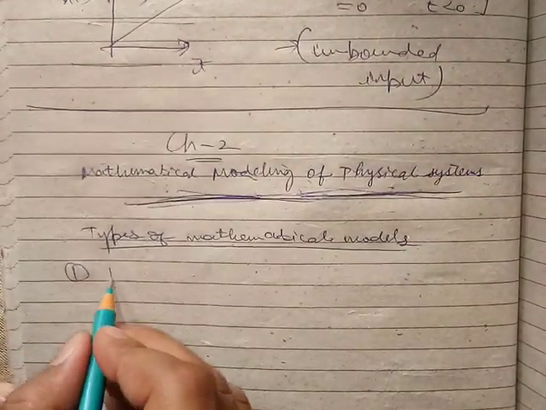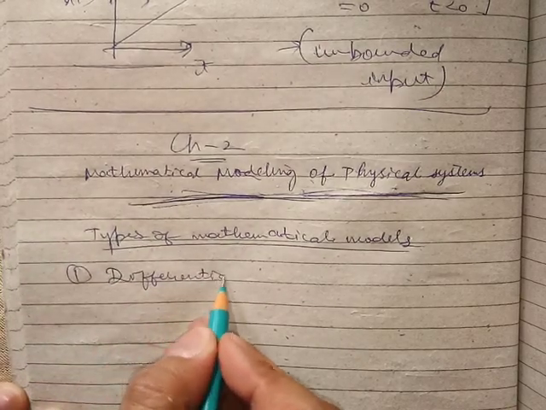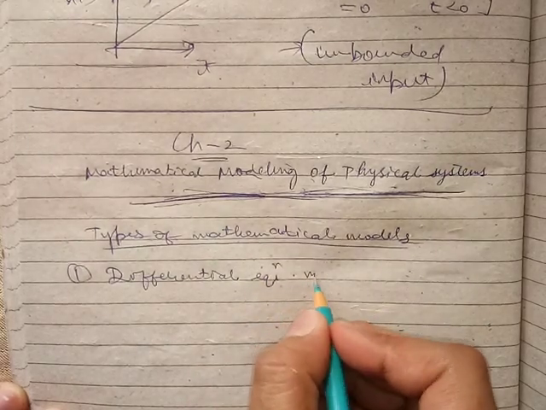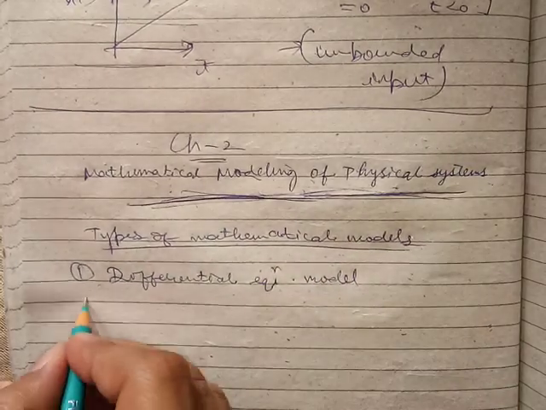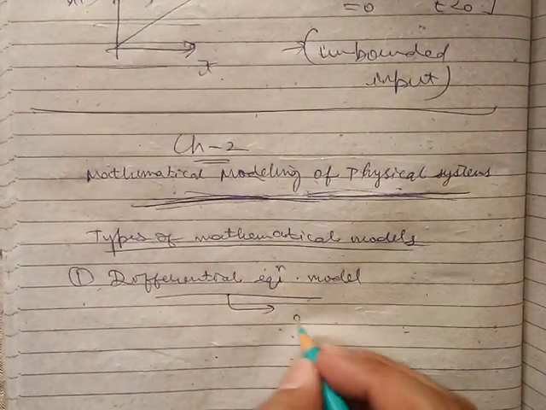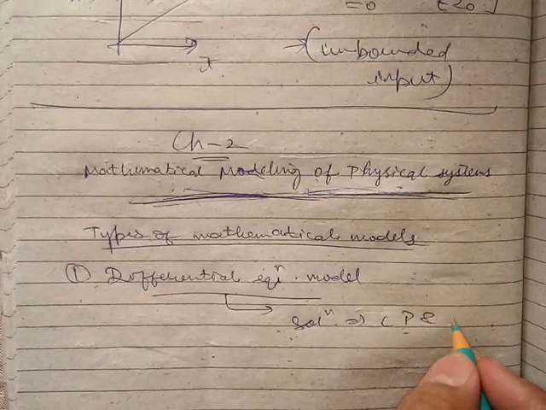First one is the differential equation model. And in the differential equation model, you remember that the differential equation solution is given by CF and PI, right?